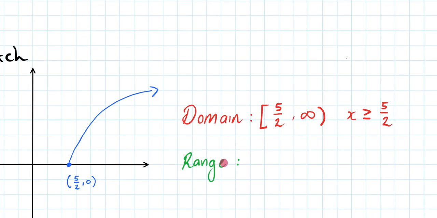My range will be all my y values. So as you can see here, it's going to start at 0 and go all the way up. And this line here is not only going in the positive x direction, heading towards infinity in the x direction, but it's also going up. So that means it's going to start at 0 and go up to infinity.